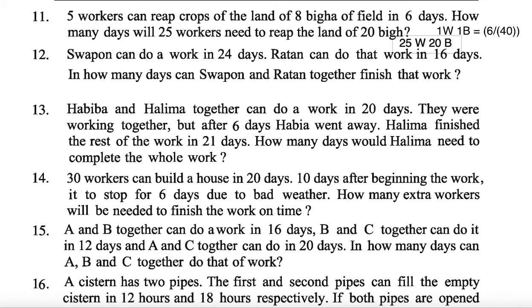Okay, what may happen, that is nothing but 6 by 40 into 25 into 20. So 20, 2 2s are 40, 2 3s are 6, so 75 days, 75 days it will take.